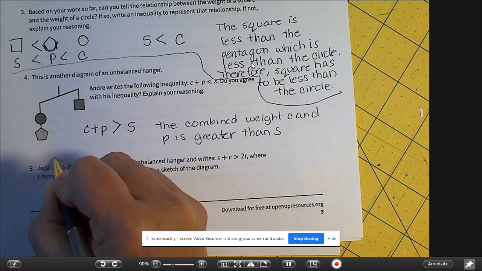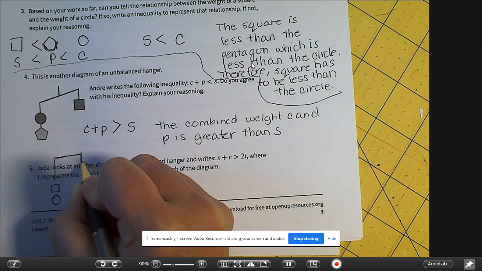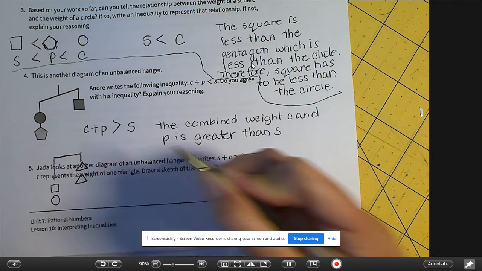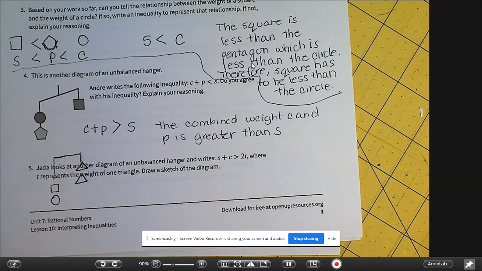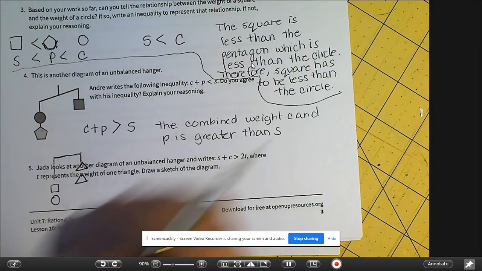So it's hard to draw this, but it's going to look like this. Okay. All right.